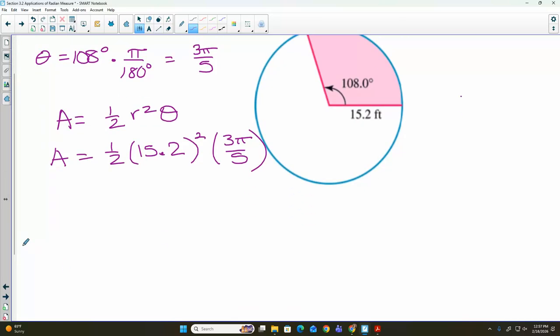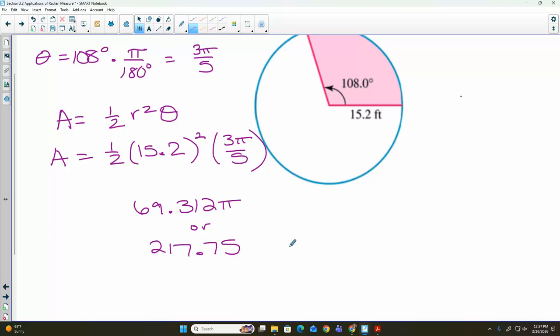So we can put this into our calculator. Just like anything else, you can choose to leave it in terms of pi, or you can multiply out the pi either way. So in terms of pi, it's like 69.312π. Or if you multiply it out, 217.75.